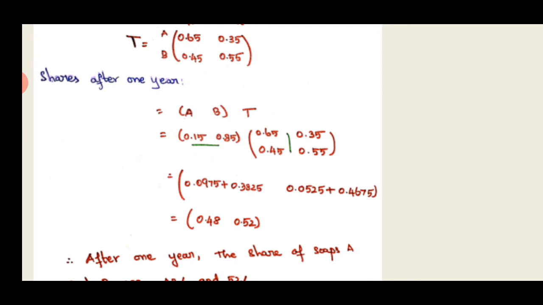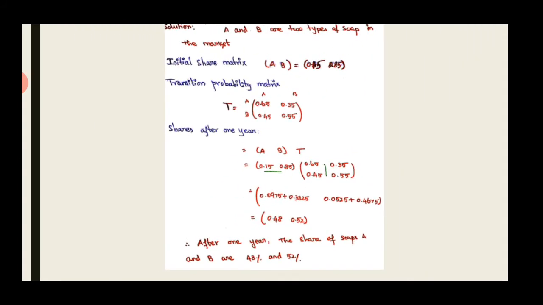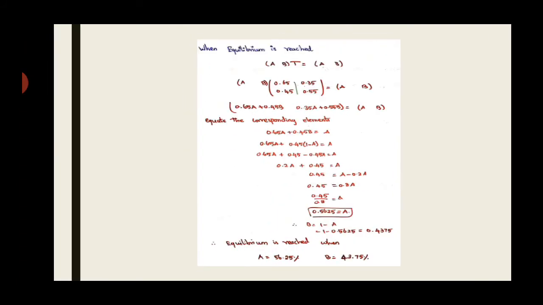So 0.15 with 0.35, when you multiply you get 0.0525 plus, and 0.85 when you multiply with 0.55 you get 0.4675. So we get the answer 0.48 and 0.52. So what we understand, after 1 year, soaps A and B are having their market shares as 48 percentage and 52 percentage.